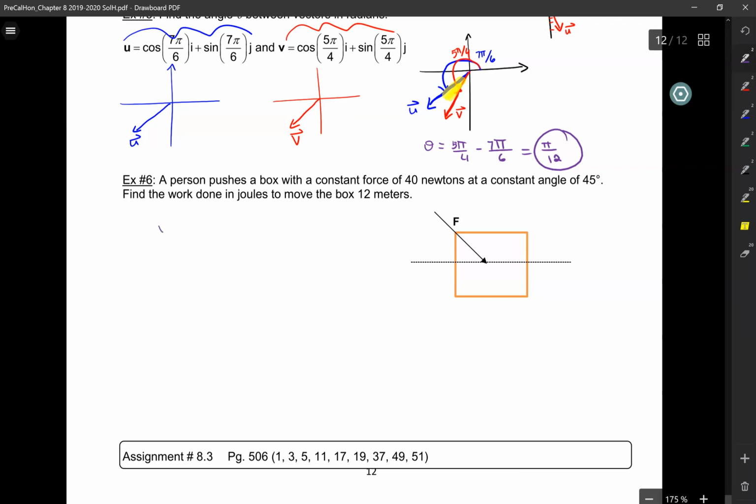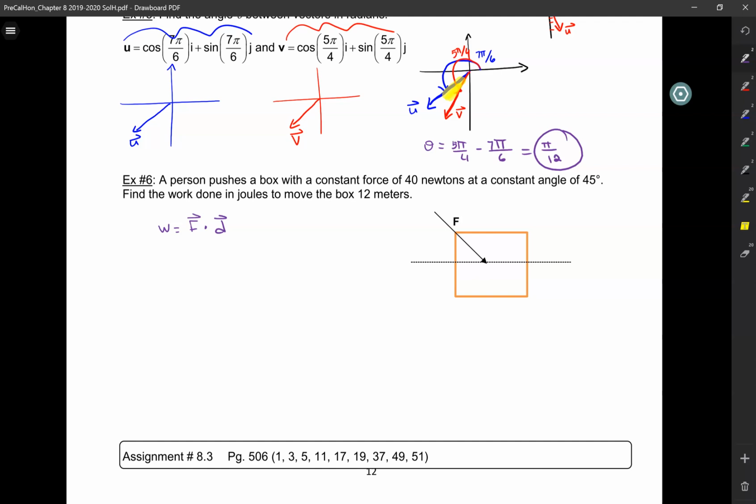Work is really force dot distance, F dot D, because in order for work to be done in the physical sense, you have to take the component of the force that is in the same direction as where the object is moving.